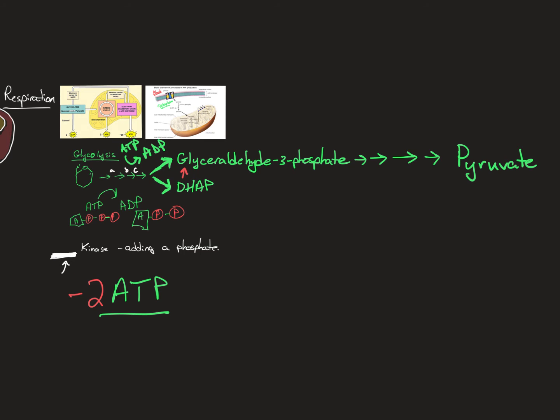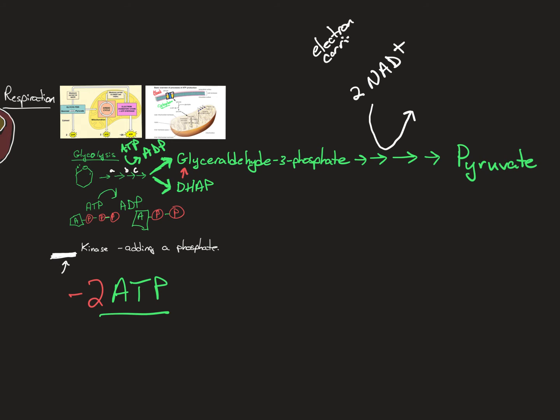As we keep moving down, what is interesting is that at some point, again, I'm not getting into the details, but at some point you're going to put in 2 NAD pluses. Remember from our activities and from earlier in the week and our discussions with photosynthesis, these kinds of molecules are electron carriers.